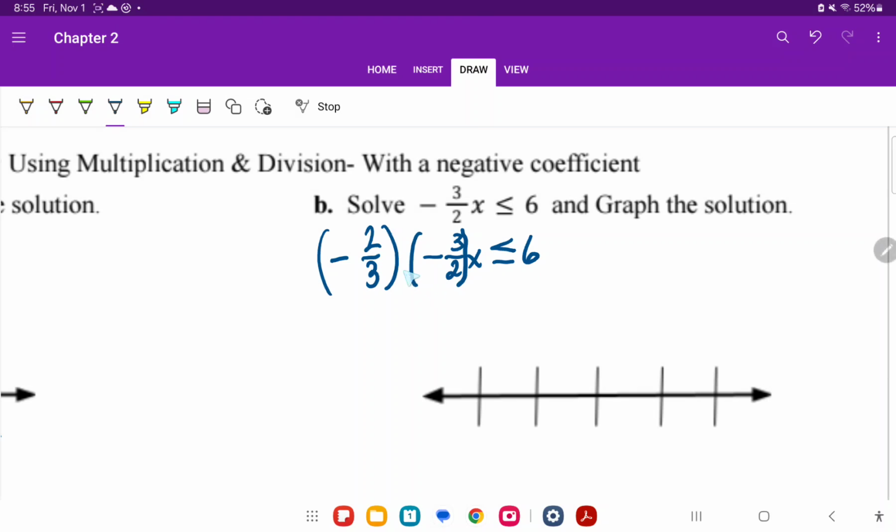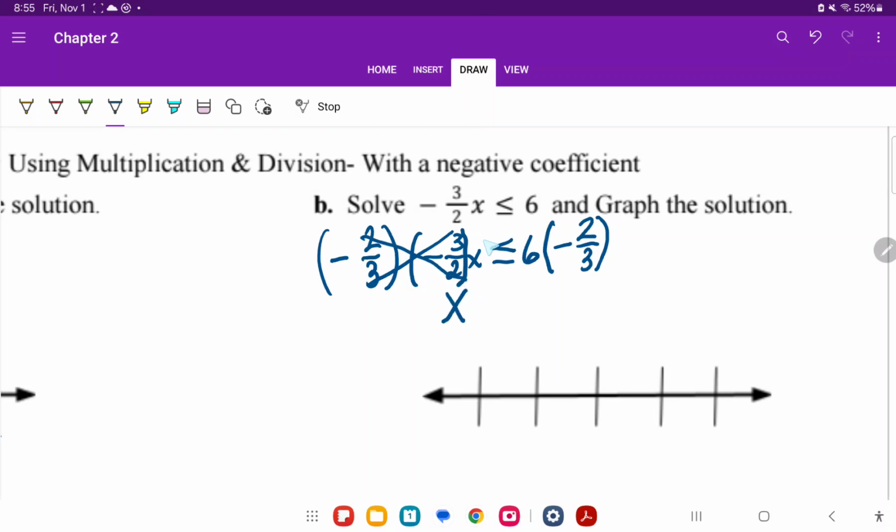If I multiply on the left by negative 2 over 3, what do I have to do on the right? Yeah, negative 2 over 3. Now, we're multiplying by a negative number, so this is going to cancel out. On the left side here, we're left with x.